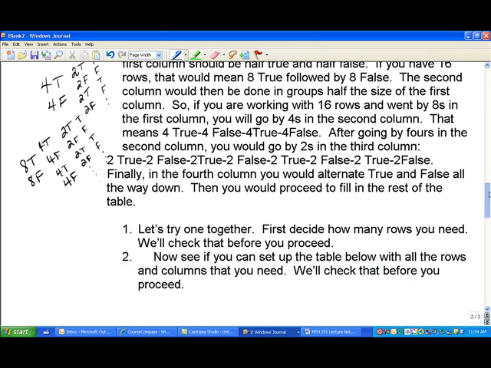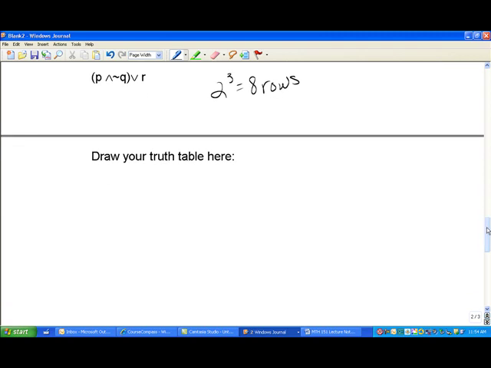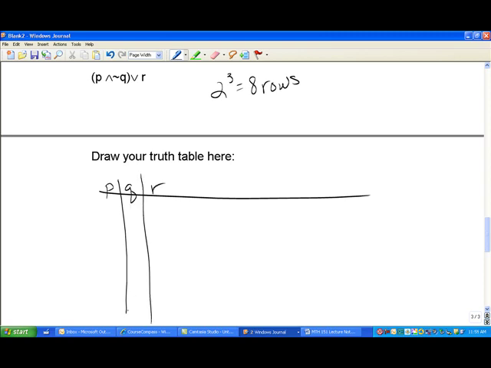So what we're going to do is try this one, P and not Q or R. The first thing I note is 1, 2, 3 different component statements. That means I'm going to need 8 rows. So P, Q, and R. And so I need 4 true and 4 false.